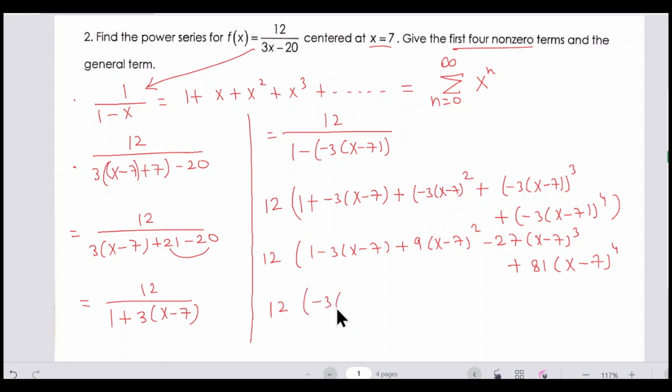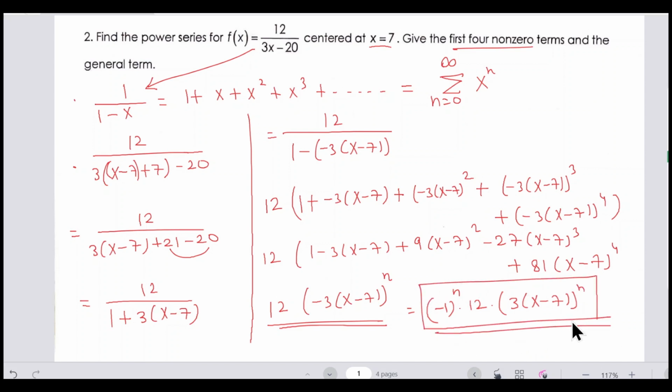New x is negative 3 times x minus 7, and that is raised to n. That is the general form, which can definitely be decorated a little bit as negative 1 raised to n taken out, and 12 times 3 times x minus 7 raised to n. So this is going to be our general term for this question.